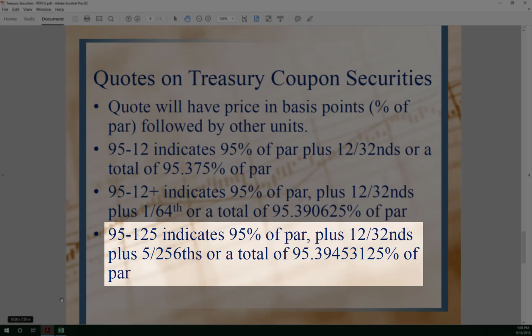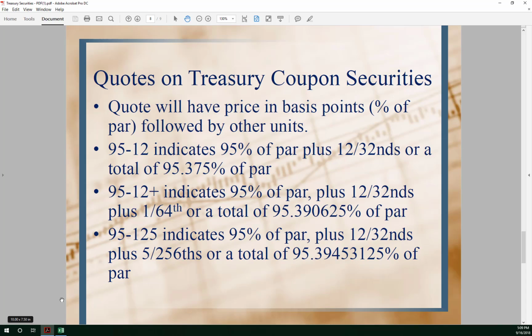And then lastly, if we have a third digit there, that third digit is for the number of 256ths. In this case, we've got 95% plus 12 32nds, and then on top of that is an additional 5/256, which would translate to a total bid of 95.39453125% of par. So very precise bidding in terms of these Treasury securities.